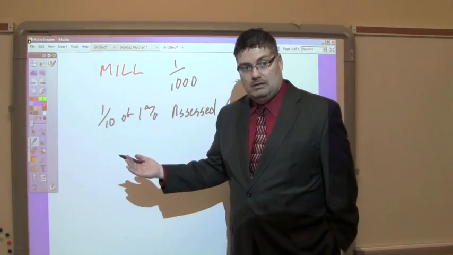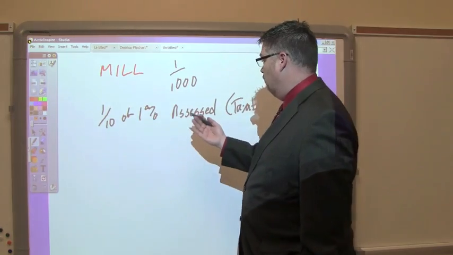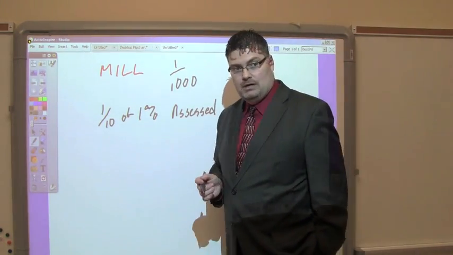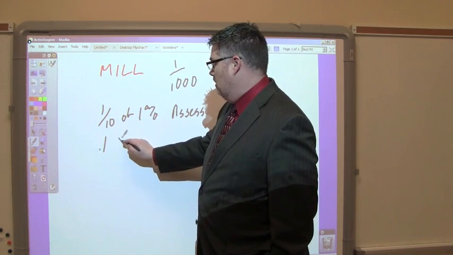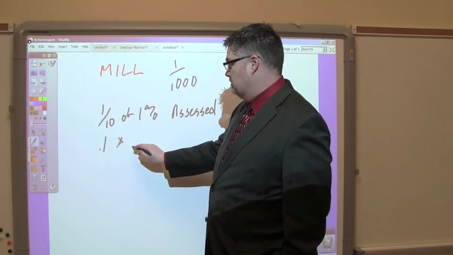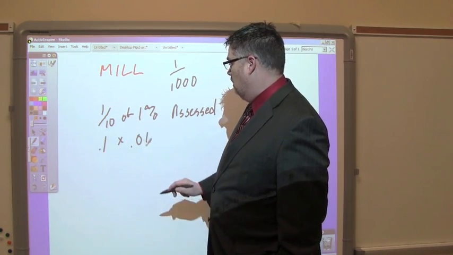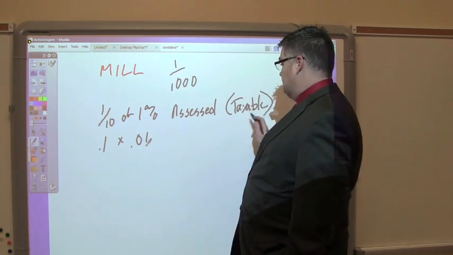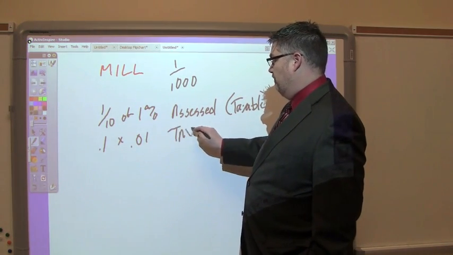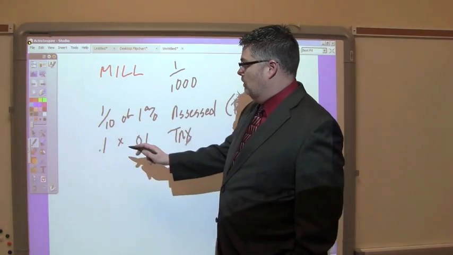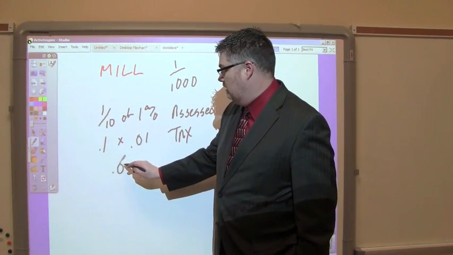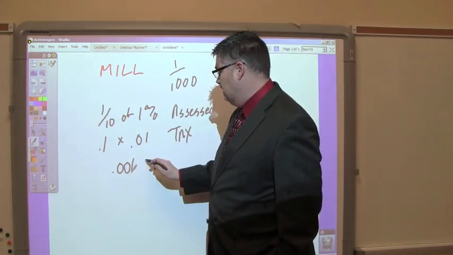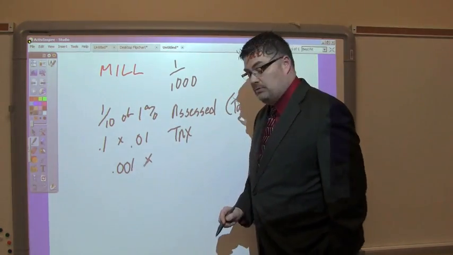So let's look a little further into 1/10 of 1% of the assessed value of your house. So we take 1/10, that's 0.1, we multiply it times 1%, that's 0.01 of the assessed or taxable value of your house. So we multiply 0.1 times 0.01 and we get 0.001 times the taxable value.